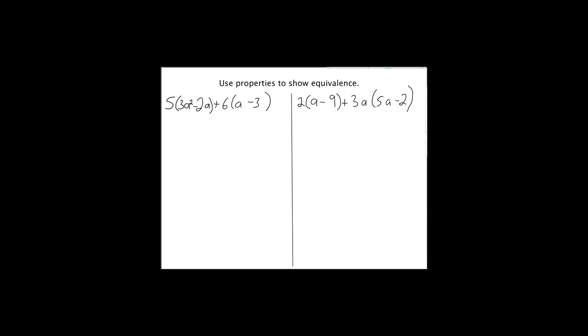So I want to go through that procedure again with these right here to show that these two expressions are in fact equivalent. Equivalent means equal. So I could go in here, and I may erase some of this line here.